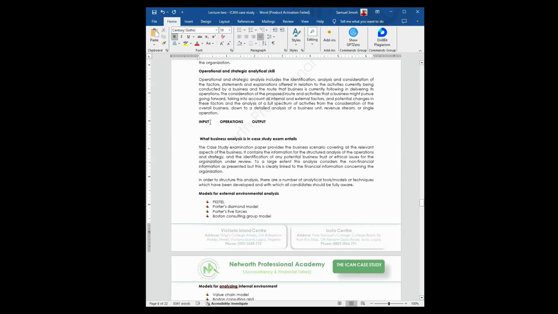When we talk about the input, we are looking at the source of raw materials.